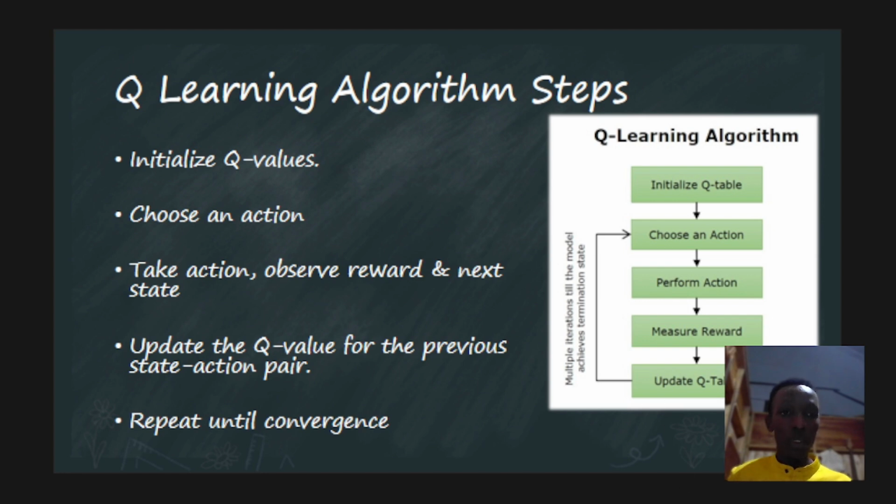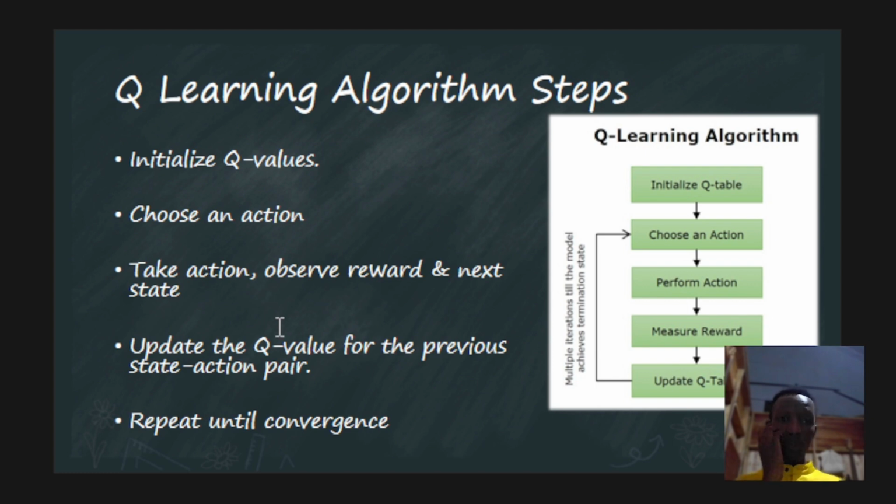Continuing to the Q learning algorithm steps. Q learning is relatively straightforward compared to many other reinforcement learning algorithms. It doesn't require complex models or deep learning initially, but the main task is to maintain an updated Q table. It starts by initializing the Q values, then chooses an action to take. After taking that action, it observes the reward and the next state.